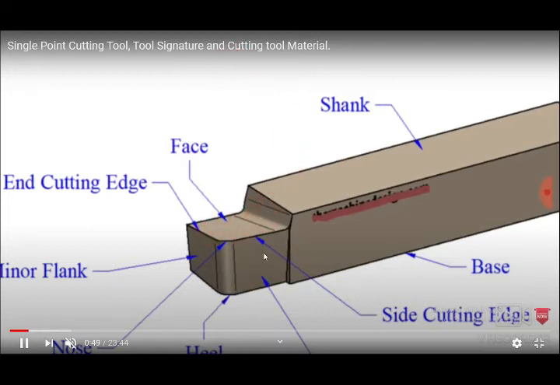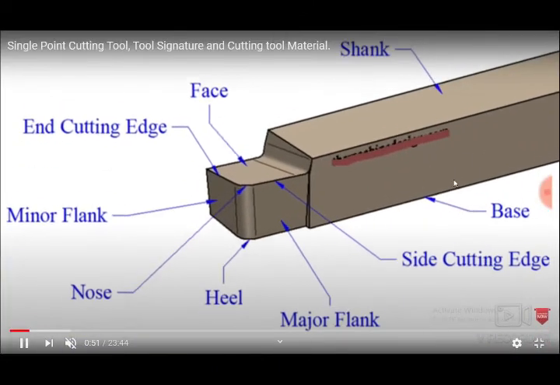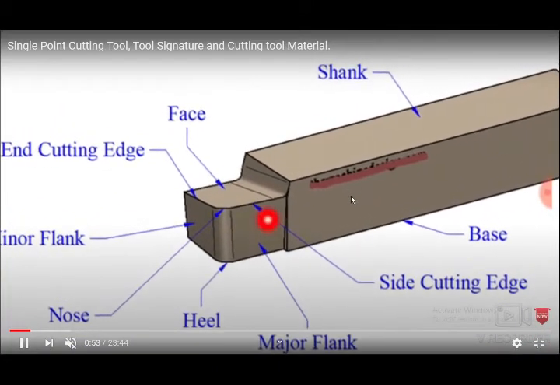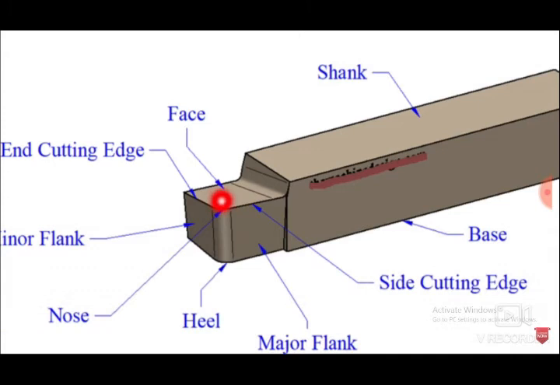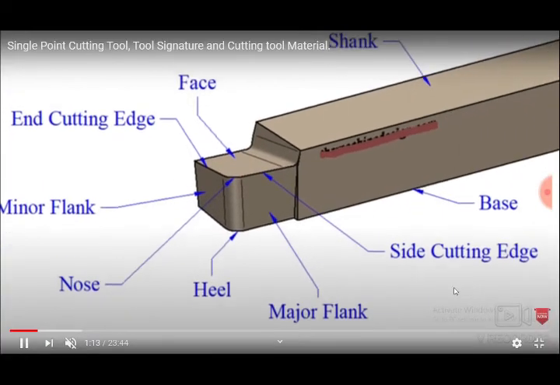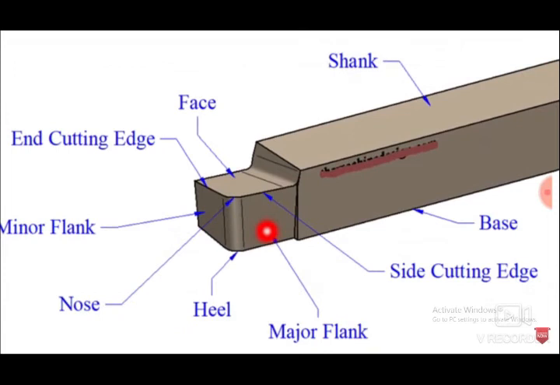The geometry of a single point cutting tool is very important. The previous 2D figures and 3D figures in slides I will also explain. Now in this figure I will explain each one by one, showing in red color. Identification: what is the nose, that is the nose, and that is the major flank.